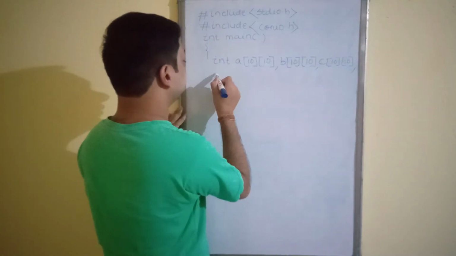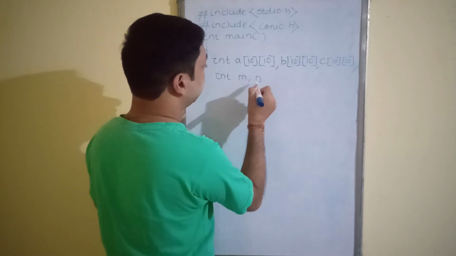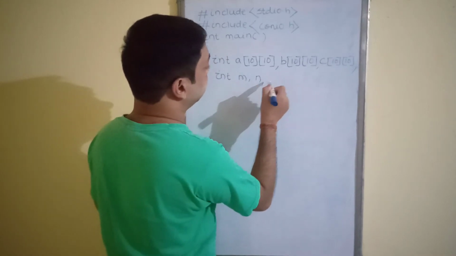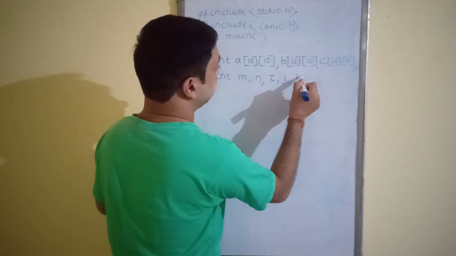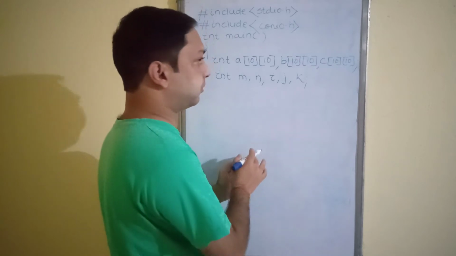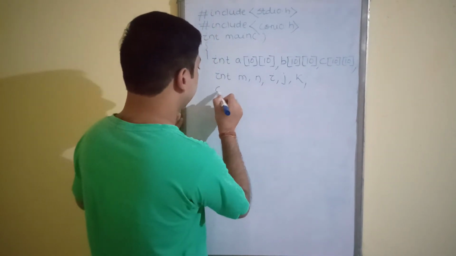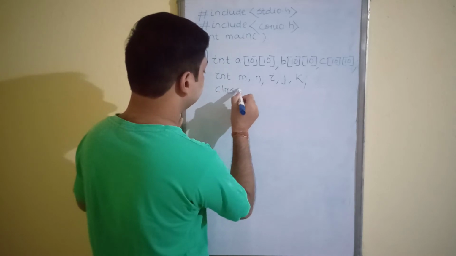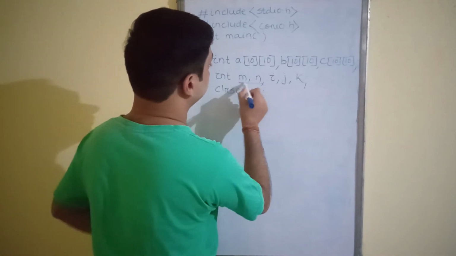Next, we require variables: int m, n. Here m is the number of rows, n is the number of columns. Then i, loop variable j, and another extra variable you should take here to match the number of columns of the first one and rows of the second one. Now I need to make here clear screen. Now let us read the rows and columns through the keyboard.